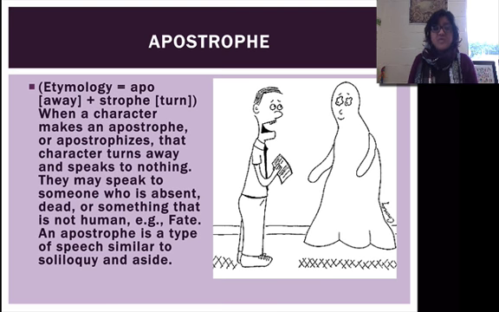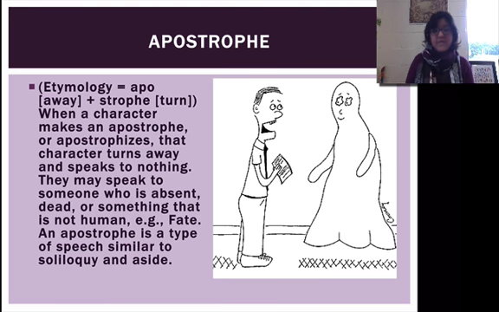The next drama term is apostrophe, and an apostrophe is when a character makes kind of a comment to nothing. They speak and turn away. It's similar to an aside, but it's not to the audience, it's to something absent or dead or ghost-like or non-human or fate.